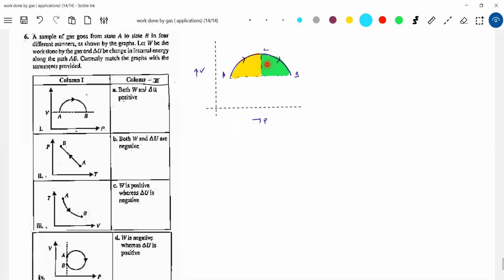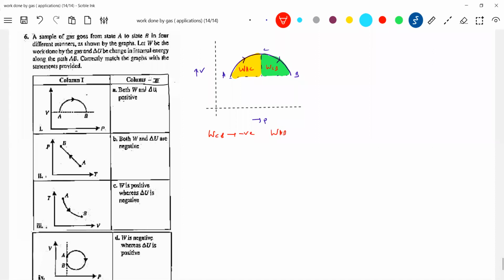Don't go for area now. Magnitude of which will be more? You can see that here pressure is varying, increasing. Here volume is decreasing. So which one will be more? So this will be more here. So WCB will be more than WAC and it is negative.